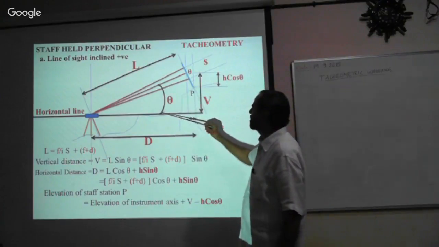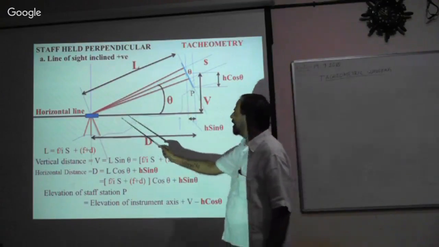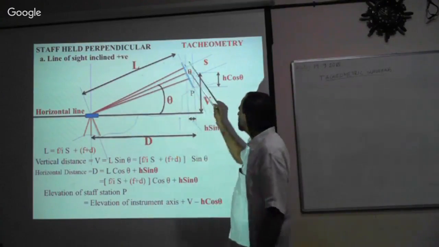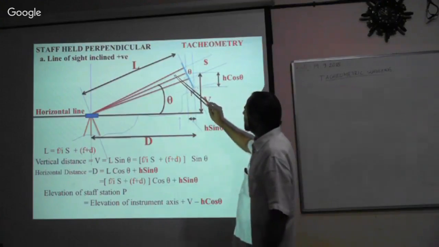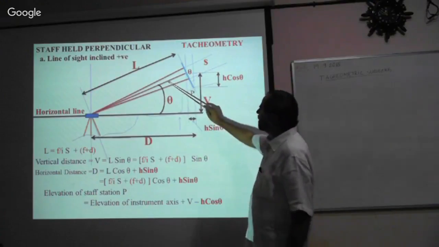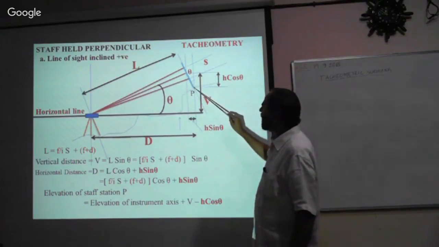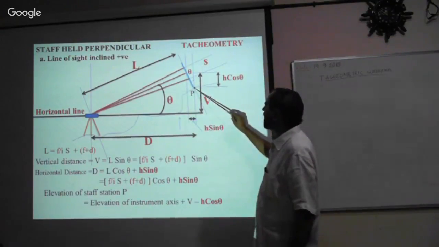Please remember, in this case the instrument is installed and the staff is held normal to the line of sight, where we need to calculate the elevation of the location.